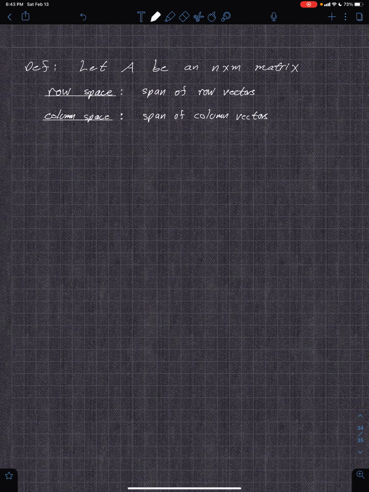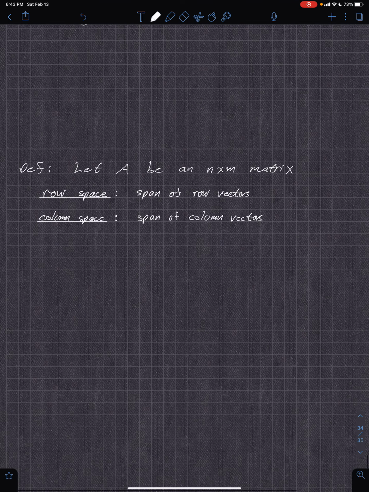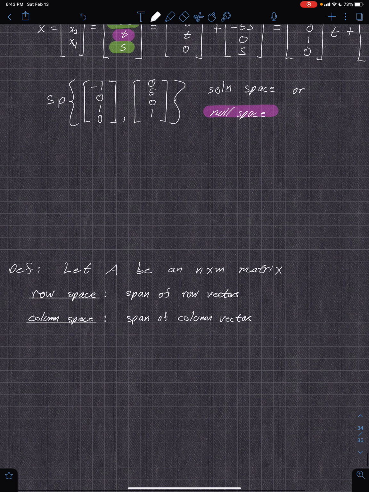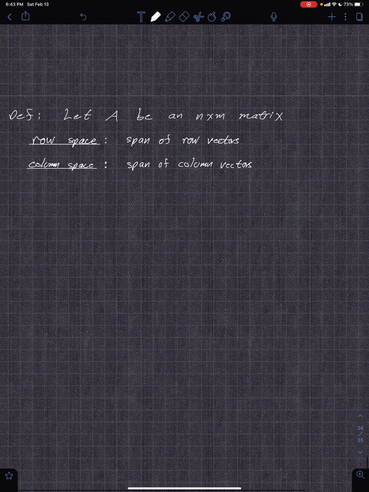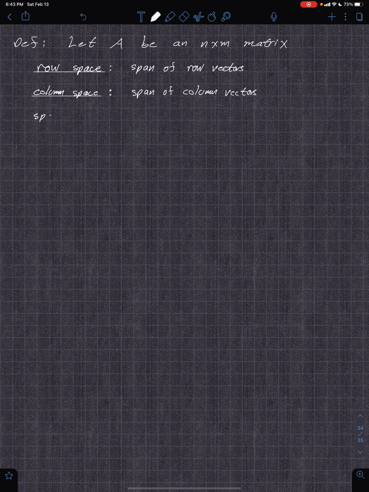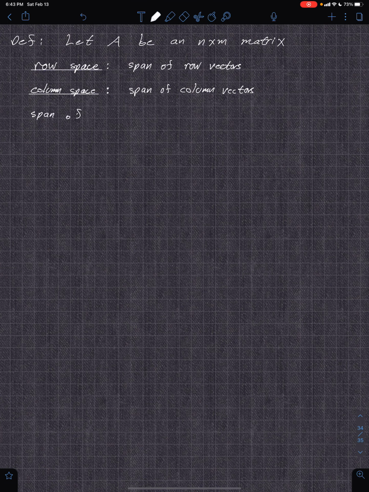And then as above, I'll just write that out again, the span of the solution vectors of AX equals 0 is a null space. So the span of solution vectors of AX equal to 0, right, homogeneous, is the null space, as we defined above.